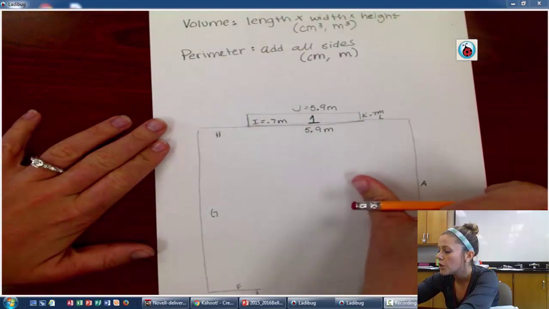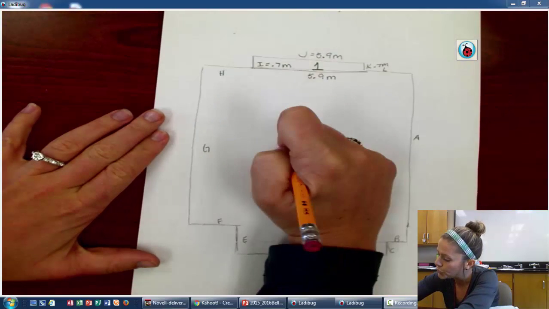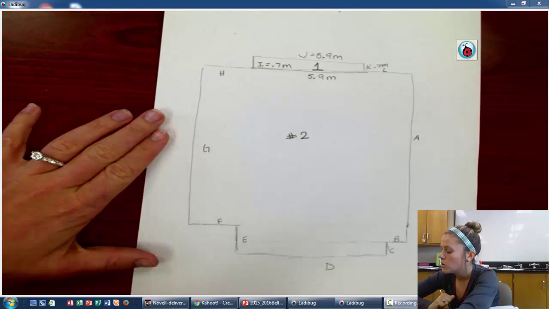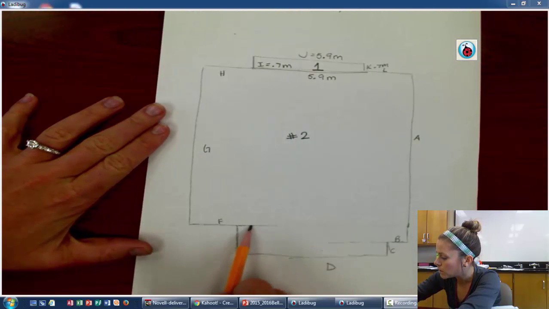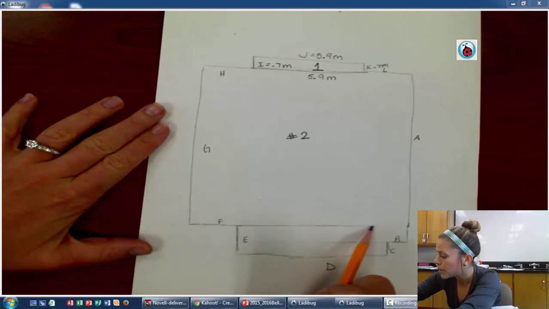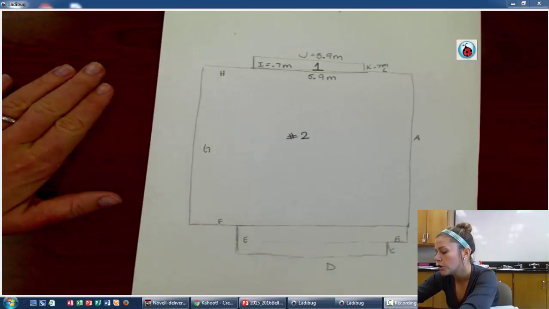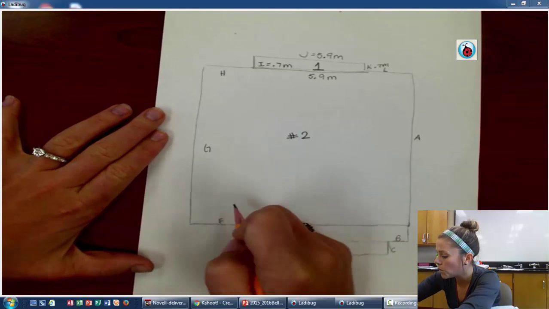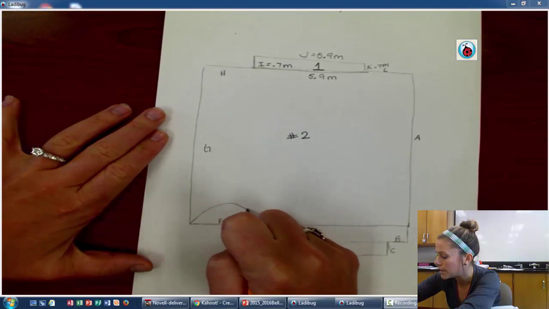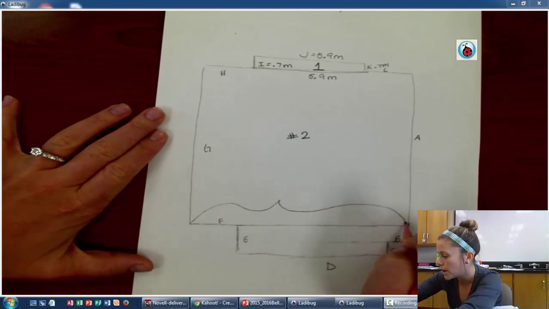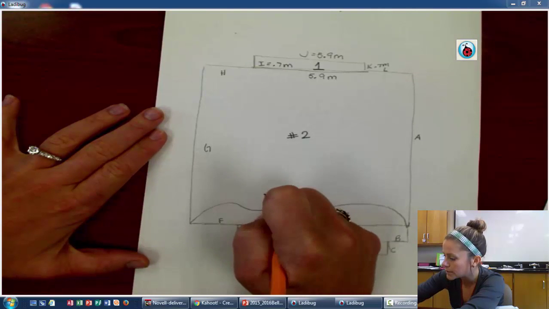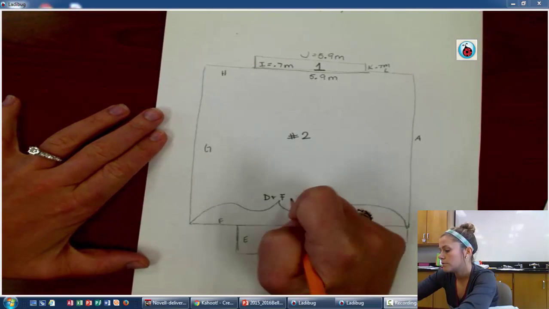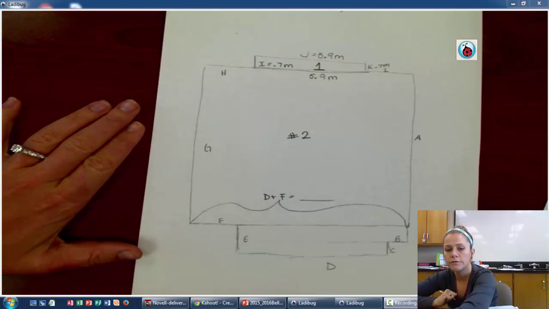We can call this shape number 2. If we break up this shape, we could break it up so it's like this. So this whole side right here would have to equal D plus F. D plus F equals this right here.